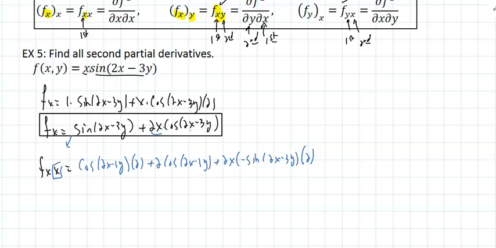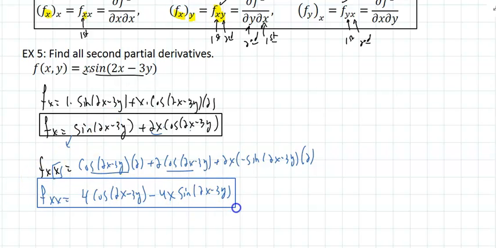So f sub xx is this mess. Let me write it out. 2 of those plus 2 of those is 4 of those, plus 4x. Messed up again, it's really minus 4x the sine of 2x minus 3y.